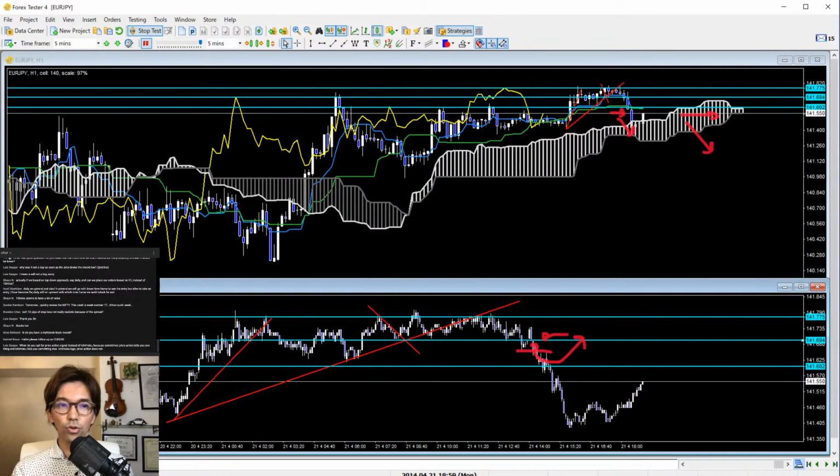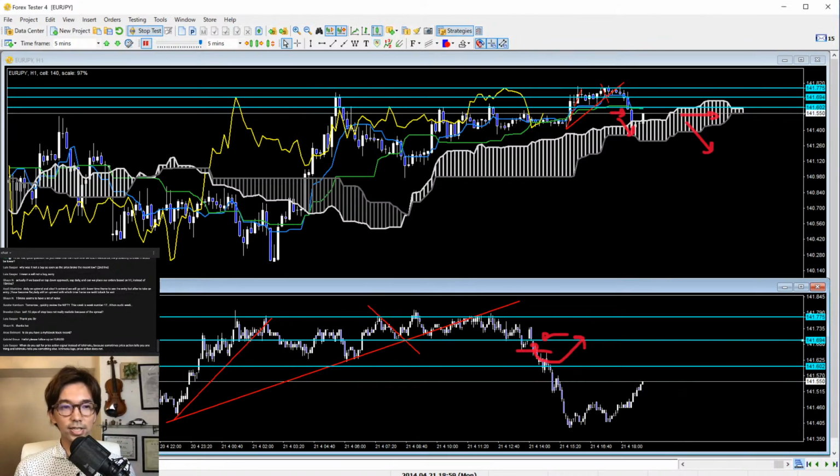But if you're not sure about Ichimoku Kinko Hyo, or what it means by equilibrium, or uptrend or downtrend in Ichimoku, then you better not use it because it just confuses you. So understanding of the indicators is very important whenever you want to take them into consideration.